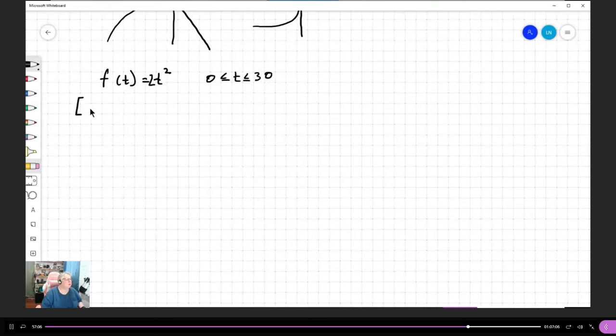We've got three intervals that we need here: 22 to 23, 22 to 22.1, and 22 to 22.01.